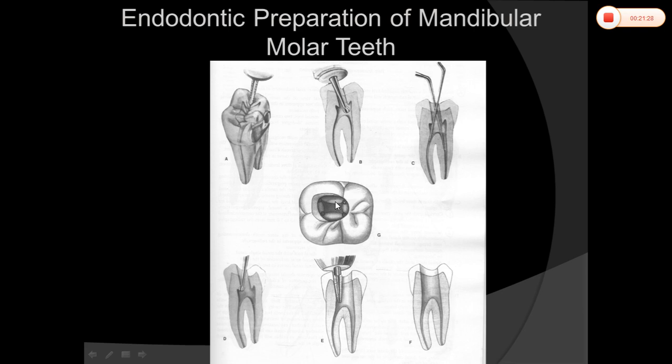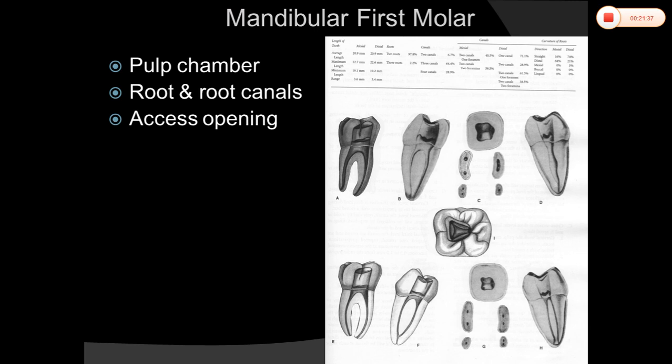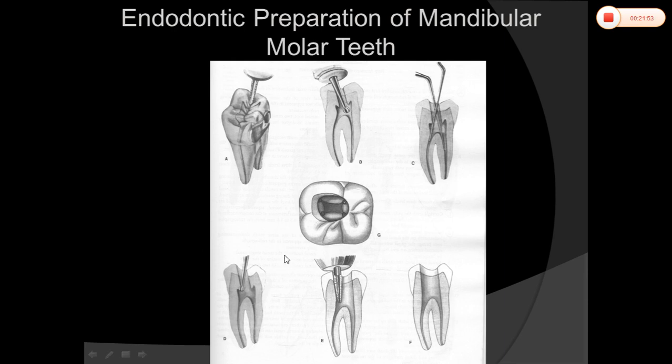Sometimes there will be a middle mesial canal. The mesobuccal orifice you can see exactly under the mesobuccal cusp, and the mesolingual orifice you can see just lingual to the central groove. The middle mesial canal is present in the groove between the mesobuccal and mesolingual canals, in between these two.